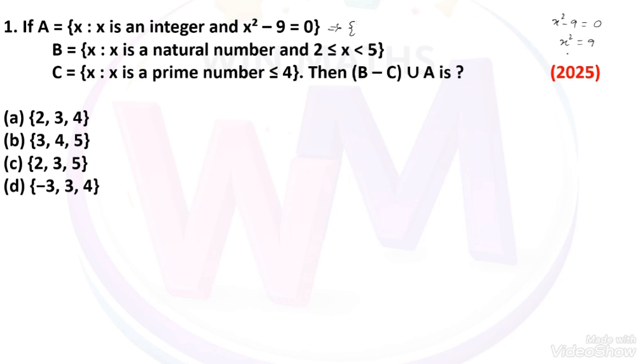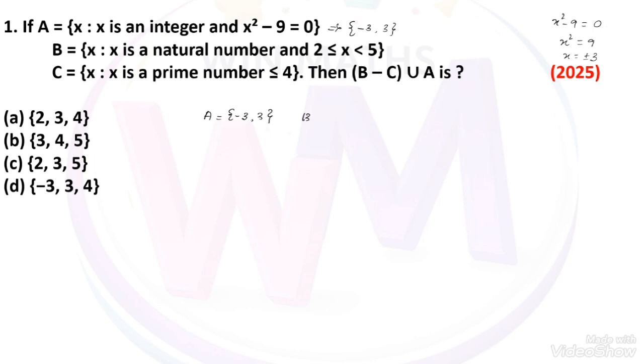Then x is equal to plus or minus 3. So the elements of A are minus 3 and plus 3.